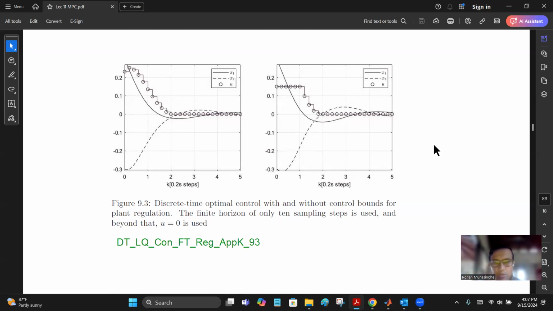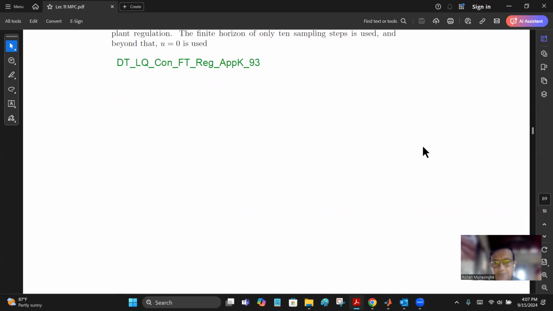And of course, unfortunately, this particular method doesn't have any way to do online or real-time corrections and adjust the control signals to maintain the optimality and the performance. So that is why the discrete time optimal control that we just finished is not very practical.